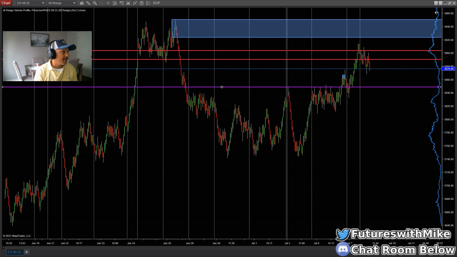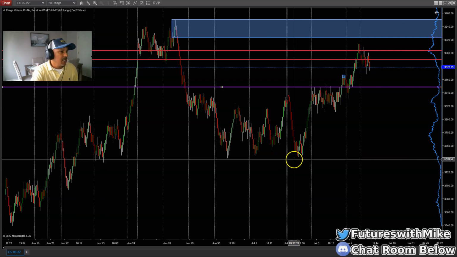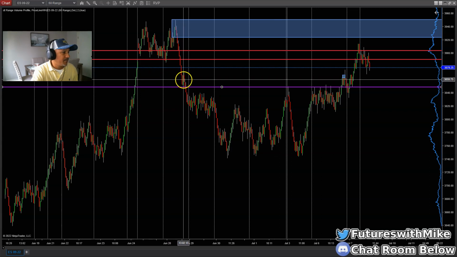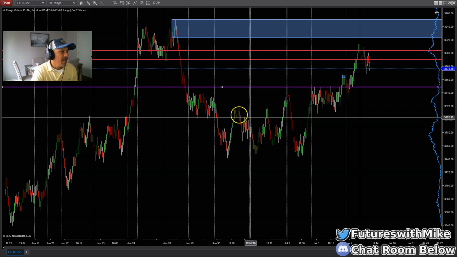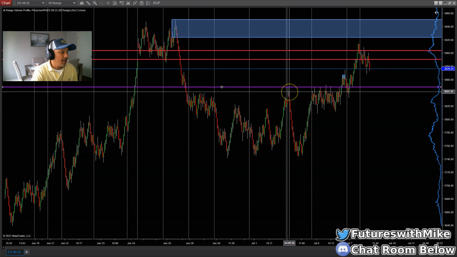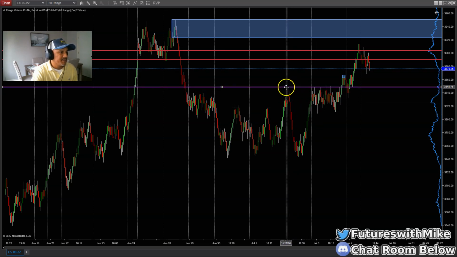I'll cover that topic about how I'm such an accurate sniper when it comes to the positions that I put on. Let's take a look at, for instance, an area of supply on June 28th that was created right here. Then we see here on July the 3rd, where I had this purple line right here.